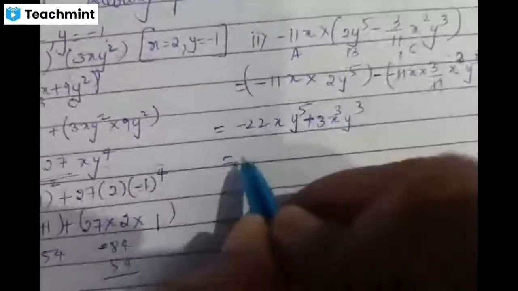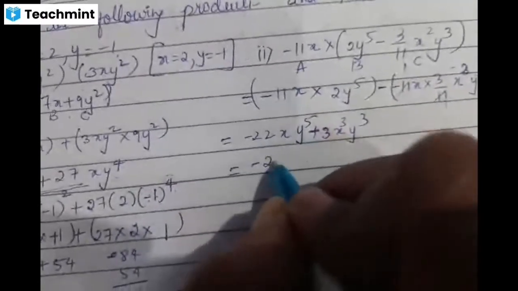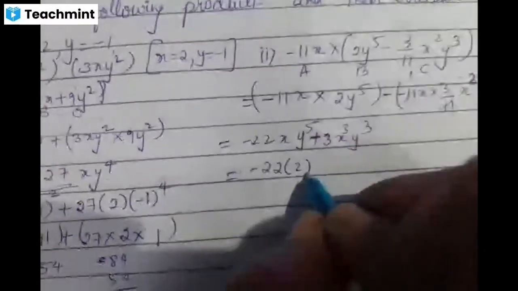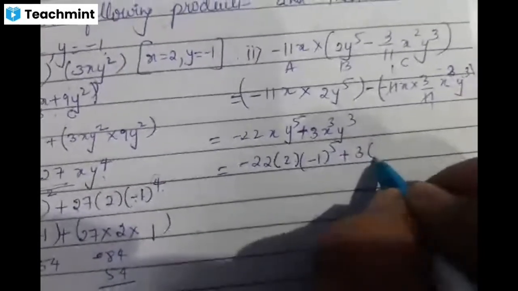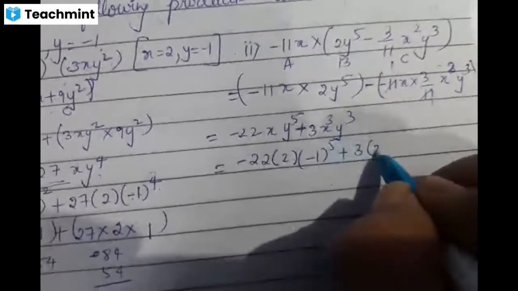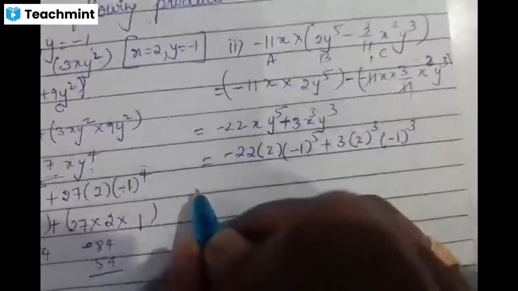Now you have to evaluate this for x is equal to 2 and y is equal to minus 1. Minus 22 into x value is 2, y value is minus 1 to the power of 5, plus 3 into x value 2 to the power of 3 and y value minus 1 to the power of 3.